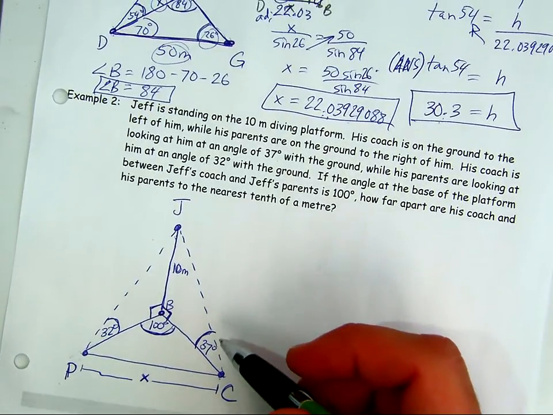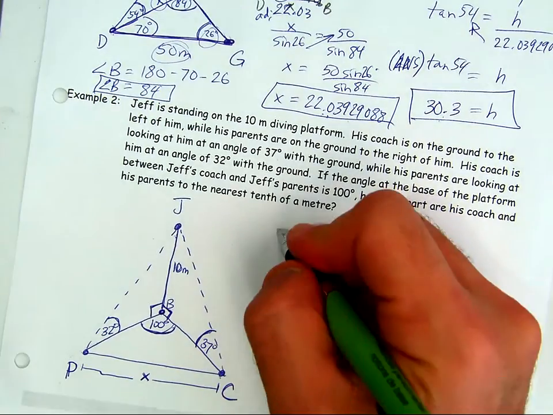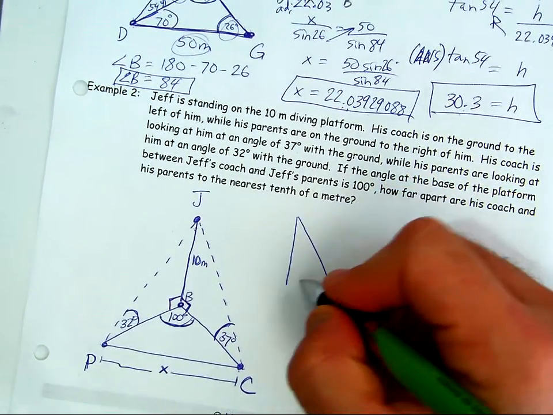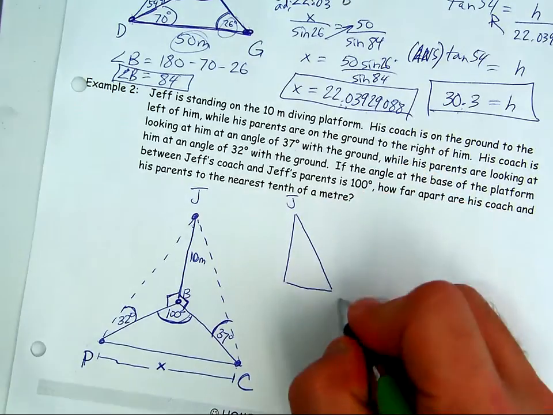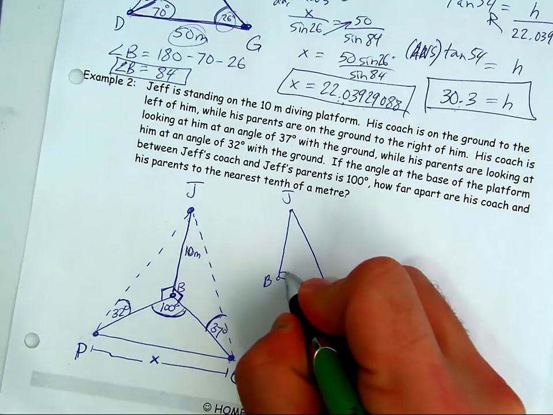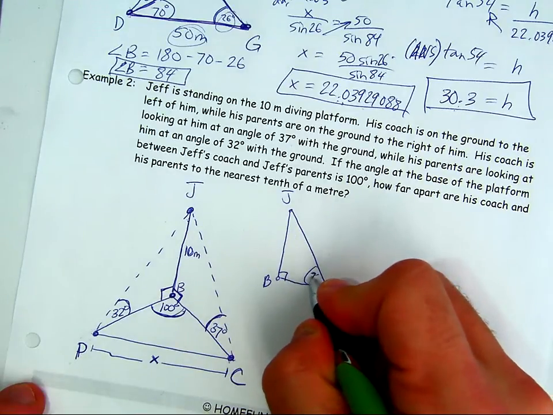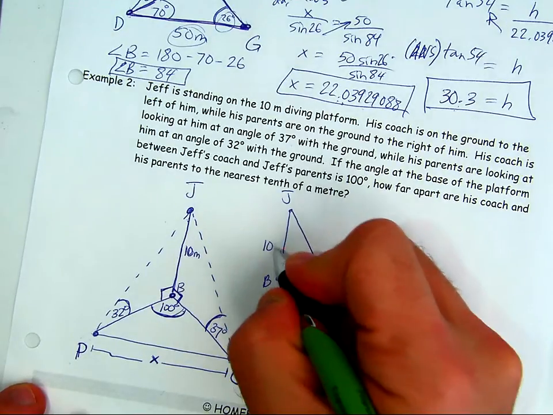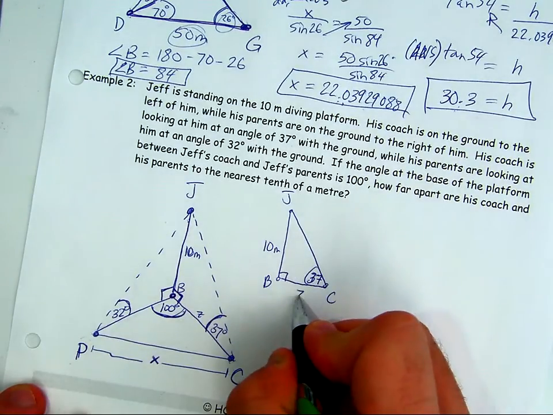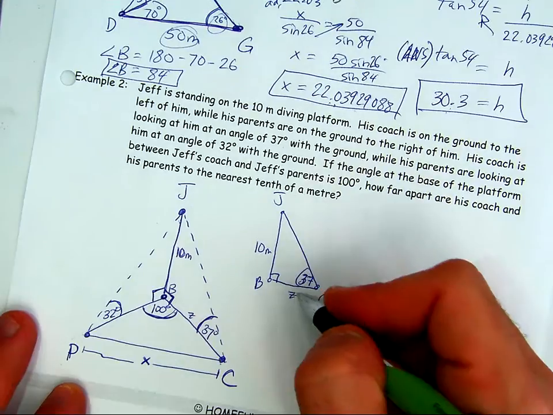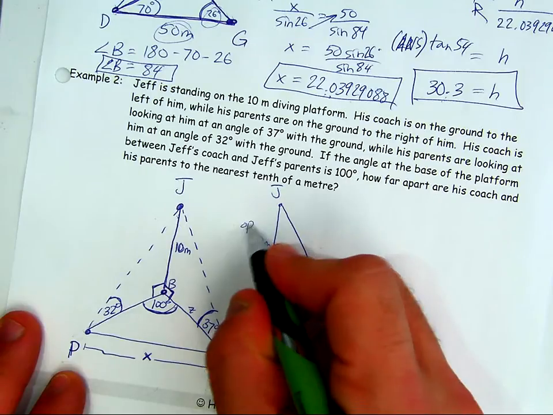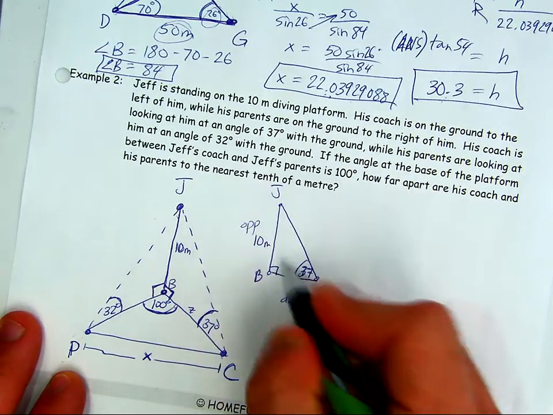So if I take a look at this triangle right here between his coach and him, so here's the coach, there's him, and this is the base, and this is 37 degrees, and this is 10, I can clearly find this little bit right here, which we will call Z. And I can use SOHCAHTOA to figure this out, because according to this angle, this is opposite and this is adjacent in a 90-degree triangle.